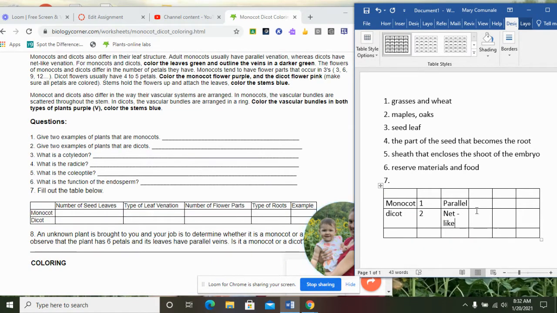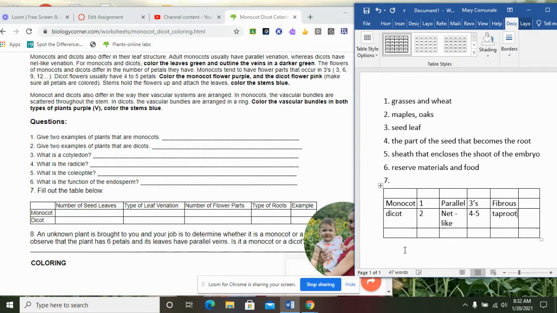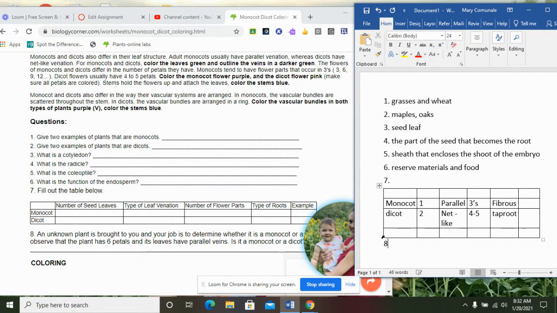Next is number of petals. So this is going to be in threes. This is going to be in 4 to 5s. Type of roots. These have a fibrous one, and these ones have a taproot. And then it asks for an example, which you could pick examples from up above.